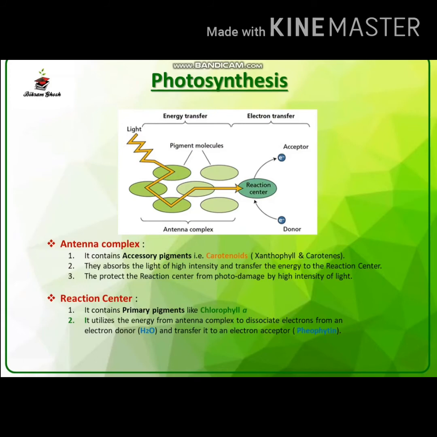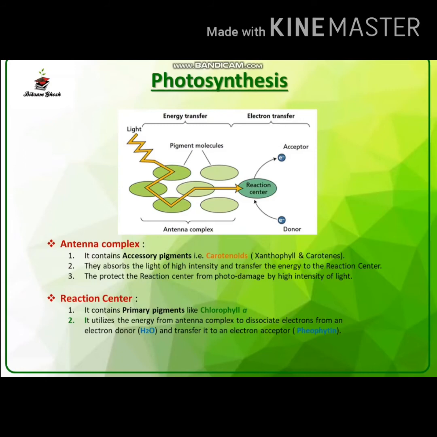They protect the reaction center from photo damage by high intensity of light. That is, the reaction center can get damaged by the high intensity of sunlight. From that damage, these accessory pigments present in the antenna complex give protection to the reaction center.